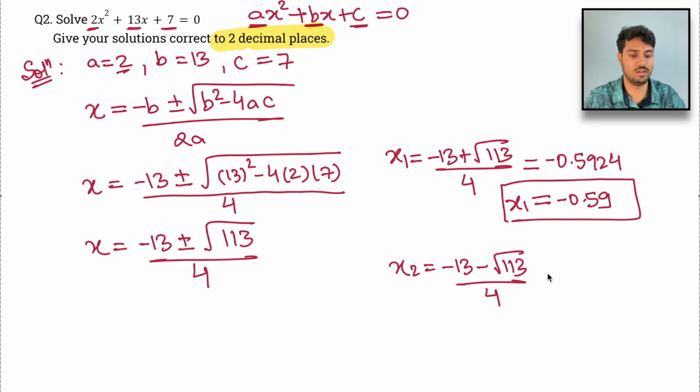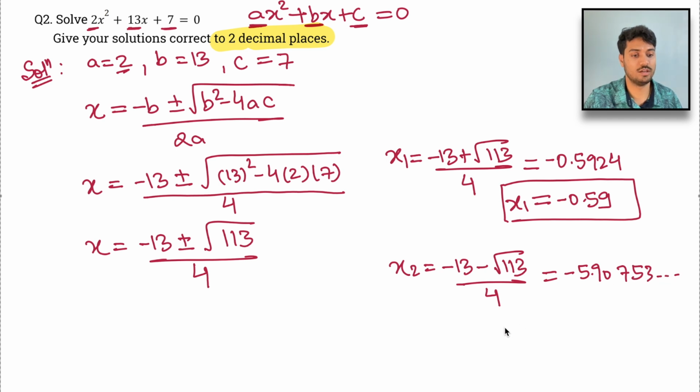and x2 will be, let me check, minus 13 minus root 113 divided by 4, which is minus 5.90753 and so on.